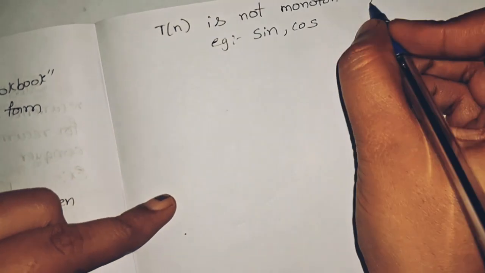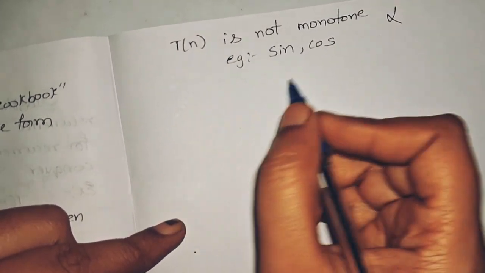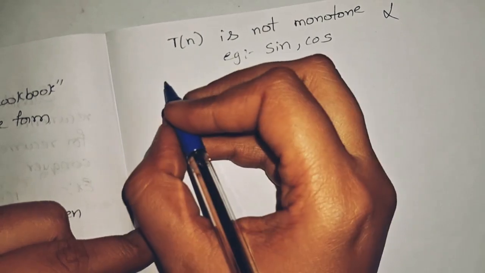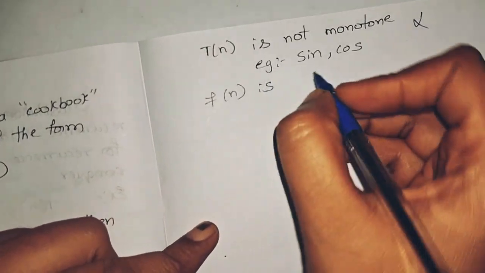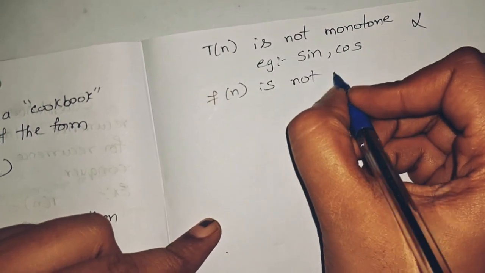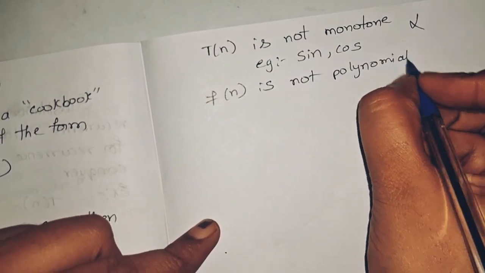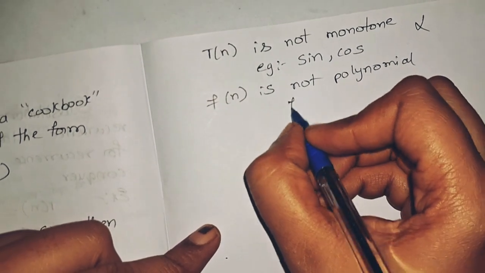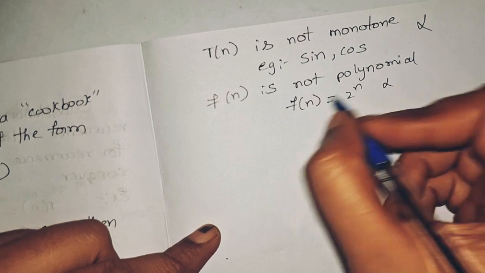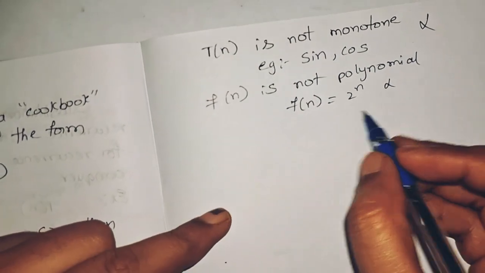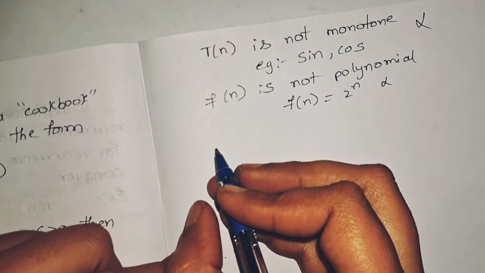Okay. So we can't use the Master's theorem for this type of relations. So next, f of n is not polynomial. So the f of n value should not be non-polynomial. So f of n is 2 power n also won't work. So for this type of relations also, Master's theorem won't work.